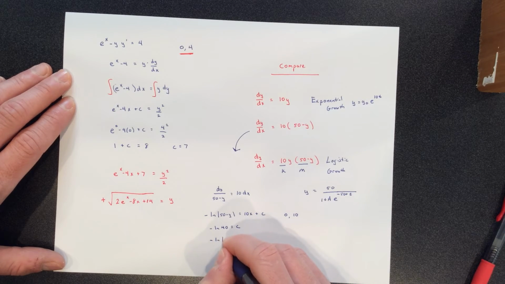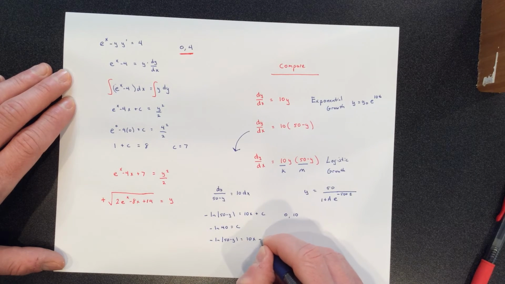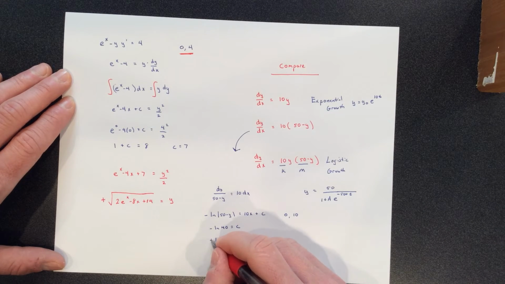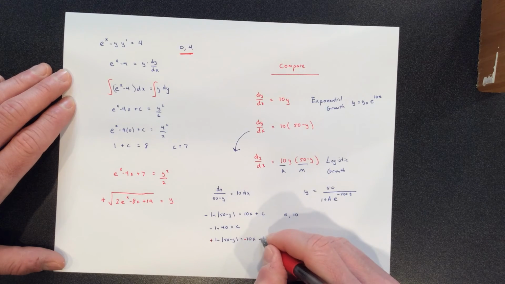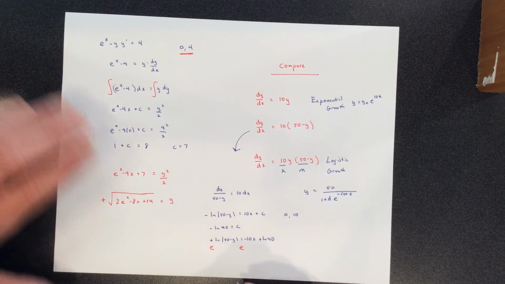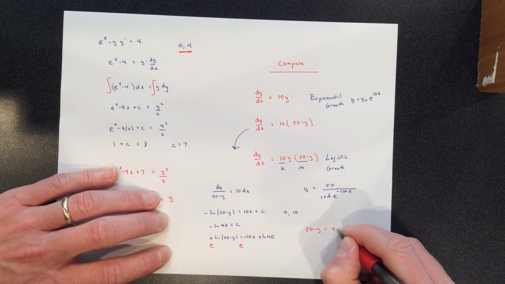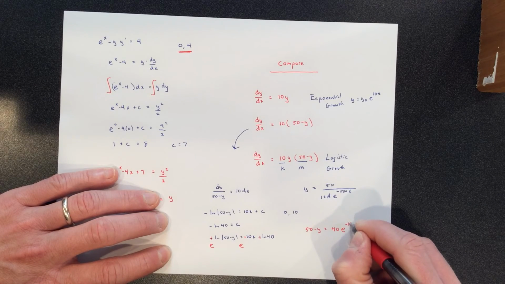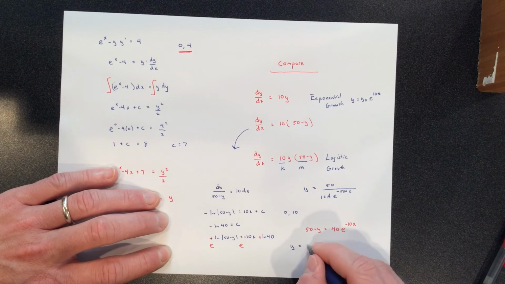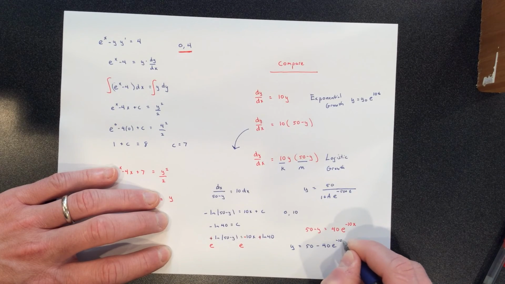Might run out of space here. So then we know that this is negative natural log of 40. I'm going to get rid of this negative sign, so make that positive, it would make that negative, and it would make that positive. Then I would exponentiate, and then I would get 50 minus y equals 40 e to the negative 10x. And then I would solve for y and get y equals 50 minus 40 e to the negative 10x.